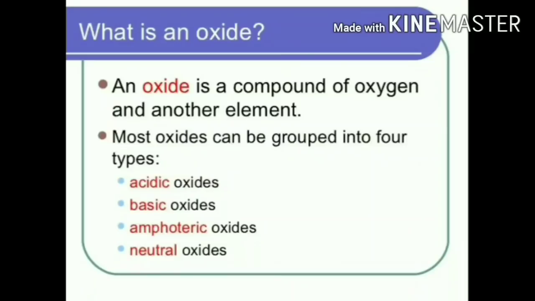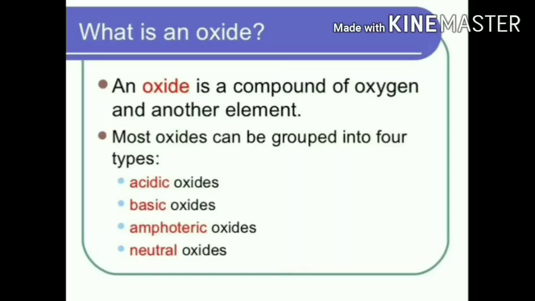Now, in brief, let us see what an oxide is. An oxide is a compound of oxygen and another element. When oxygen combines with another element, it forms an oxide. For example, oxygen combines with hydrogen to form water. Water is also an oxide which is neutral in nature.